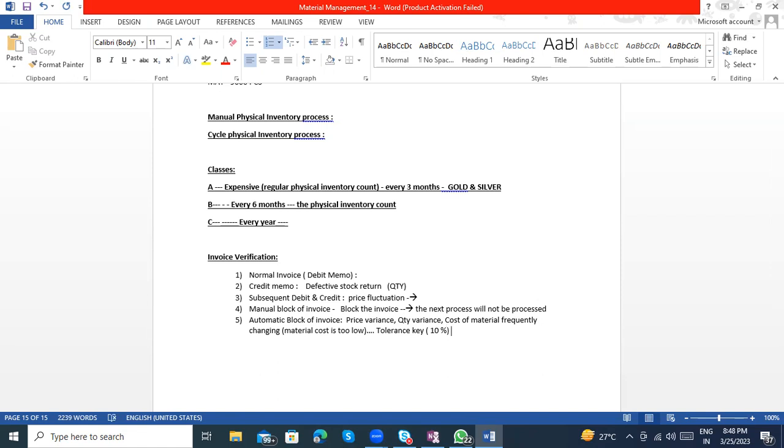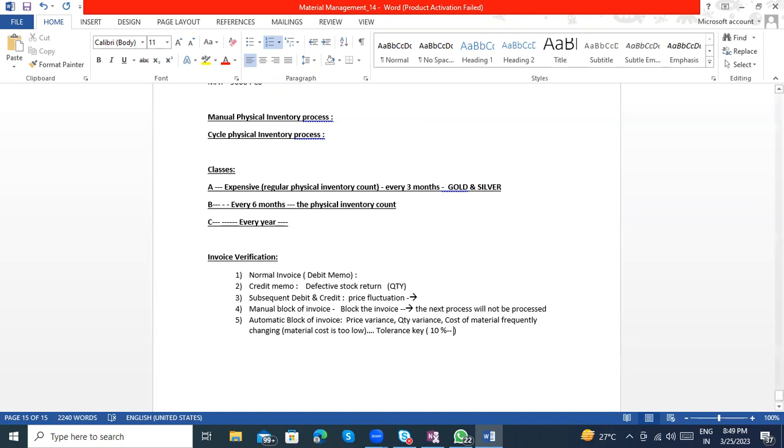If it's within 10%, I'm good, I can accept that. If I didn't mention the 10%, then with automatic block invoice activated, any difference will be blocked. Even if you maintain 10%, if the variance is more than 10%, it automatically goes to block.